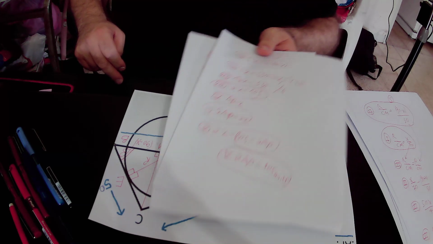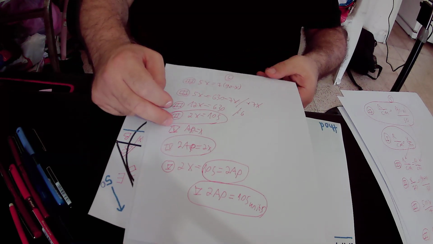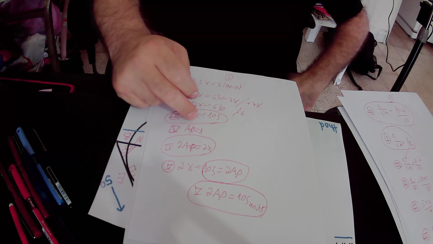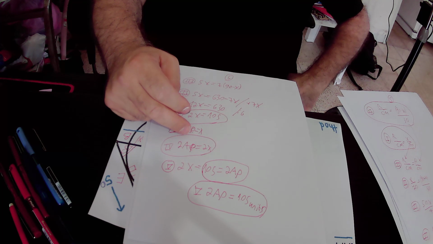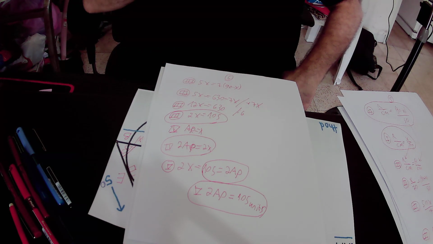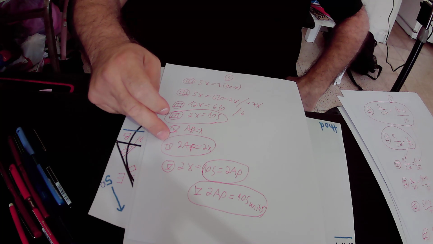So this was the fourth equation that we created. So if AP equals X, then 2 times AP equals 2 times X. And we combined equation number 3 and equation number 4 together.